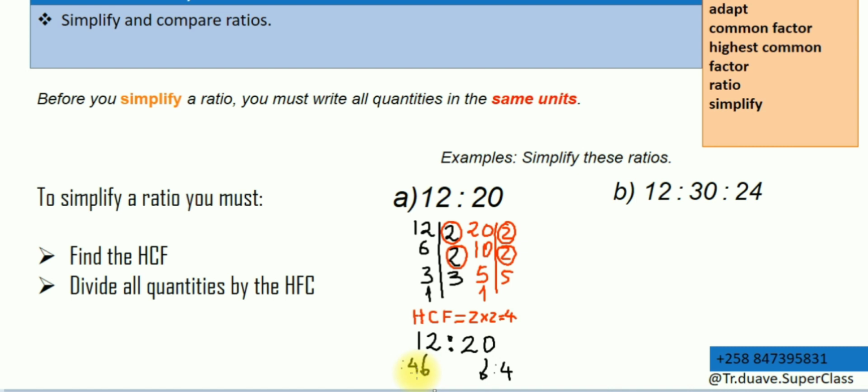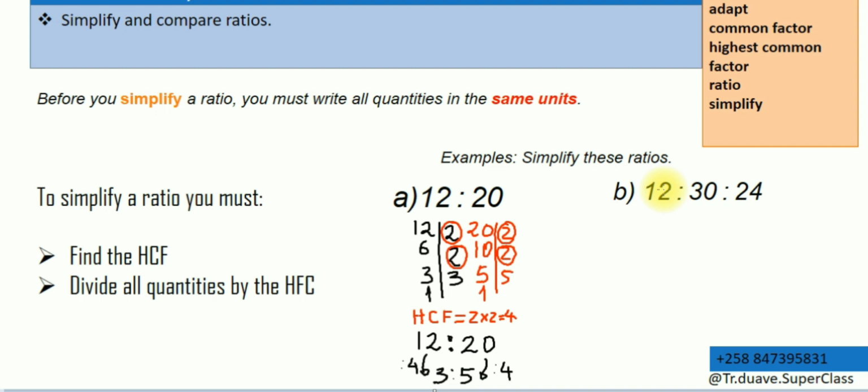When we divide 12 by 4, the result is 3, and when we divide 20 by 4, the result is 5. So it means the simplified ratio is going to be this one. Okay? So that's it.